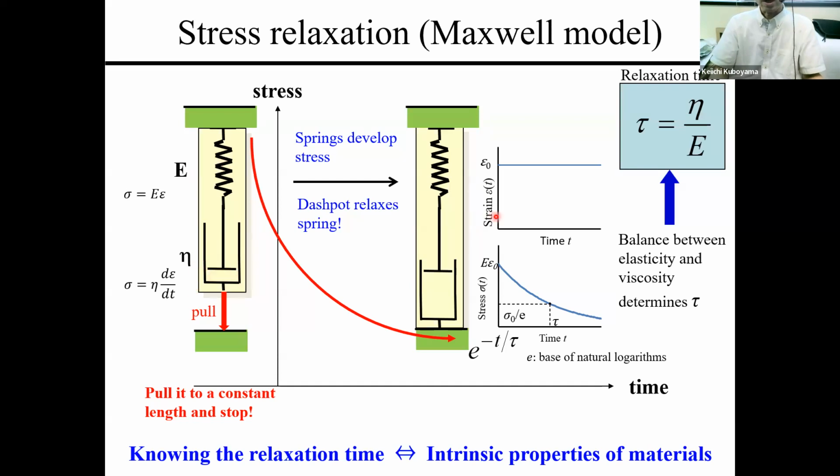When you apply a big strain to the dashpot, the strain rate becomes very large, so the stress also becomes very large, because the stress of the dashpot is proportional to the strain rate.